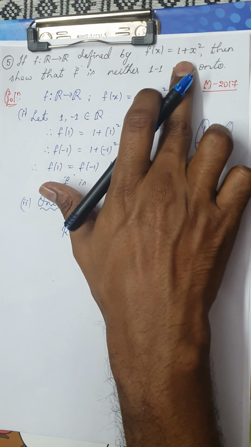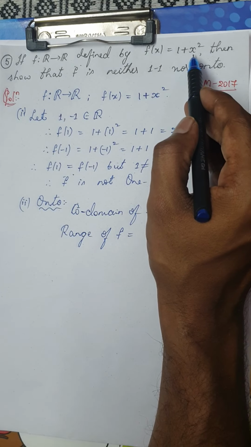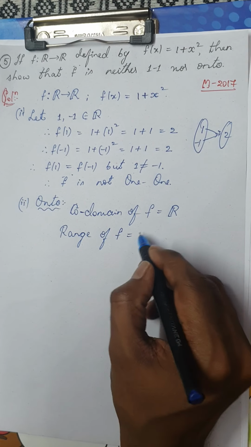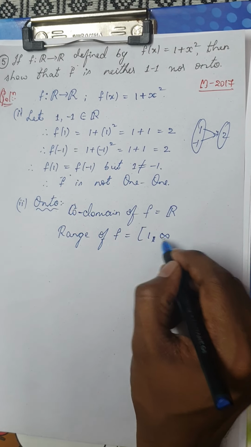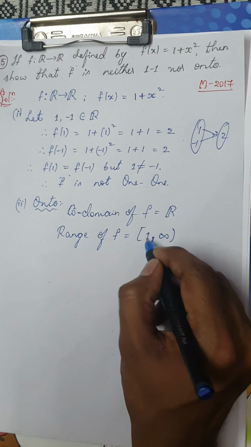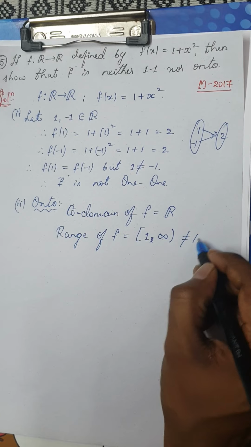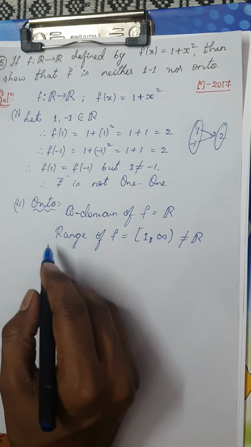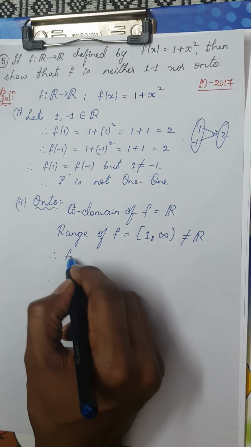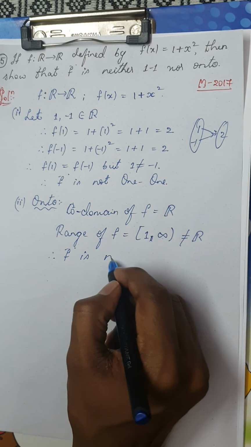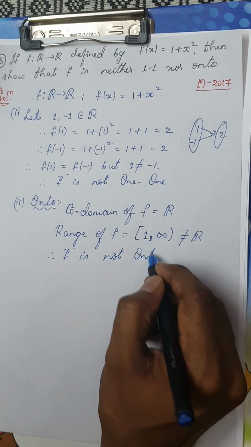We have already solved it. Whatever value you put for x, it would be 1 plus something non-negative. So the range would be from 1 to infinity. Do you understand? The range would be from 1 to infinity. This is not equal to the set of real numbers. So therefore codomain is not equal to range. Therefore f is not onto.